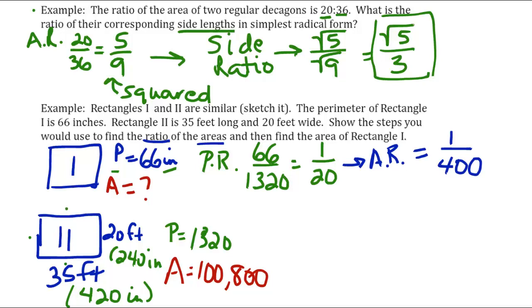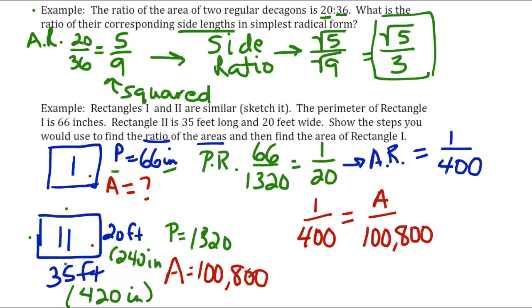So I can take the area ratio now, 1 over 400, and set it equal to the ratio of the actual figures, which is A, the one we don't know, figure 1. So it'll go on the top, because we've been doing the ratio as the top figure over the bottom figure. So we have to keep doing that: top figure on the top, and the bottom area in inches on the bottom.